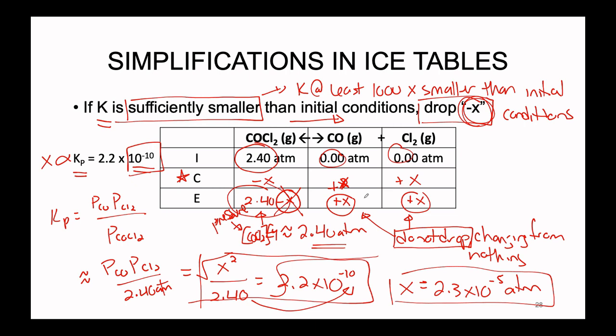However, we do have a partial pressure now, both for the chlorine and for the carbon monoxide, both values being equal to X, which we just solved for. So now we can see that there is a slight shift from reactant to product, that slight shift giving us 2.3 times 10 to the negative fifth atmospheres of each of our products, whilst also not really shifting that much away from the reactant due to the very small nature of our Kp.